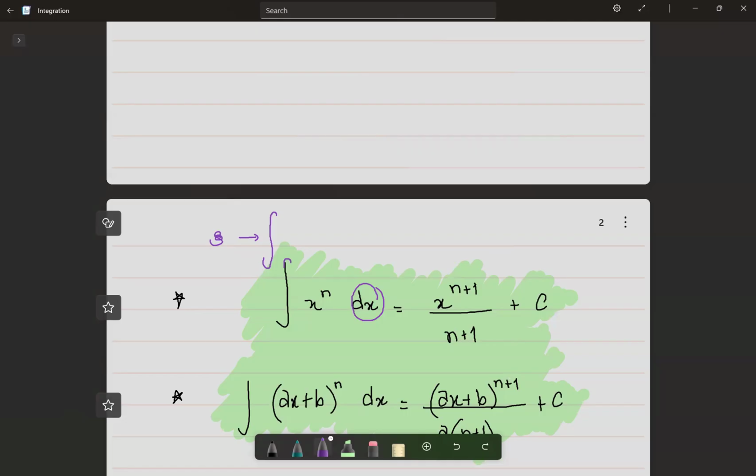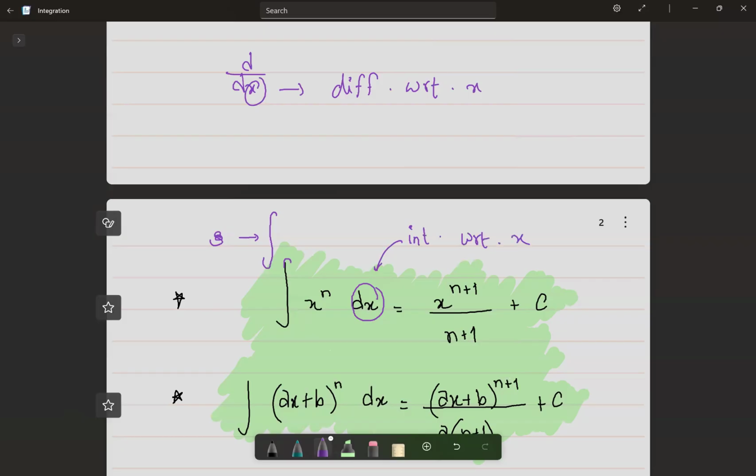Just like we saw previously, if we had d by dx, it would refer to differentiation with respect to x, right? Because we had x in here. Similarly, if we see x on this side, with this sign it means integration with respect to x.